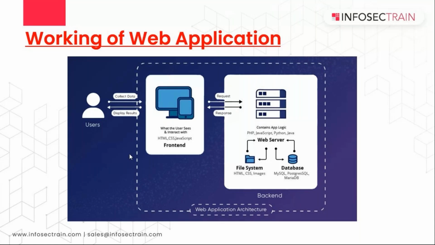You entered the credentials, your credentials went back to the server, which checked if the credentials you have entered are correct or not. If those credentials are correct, then you are logged into your profile. So in the back end of the web application, there is a database, there is a file system, there is a web server, there is an application server, and whatever you can see, that's the front end of the application.